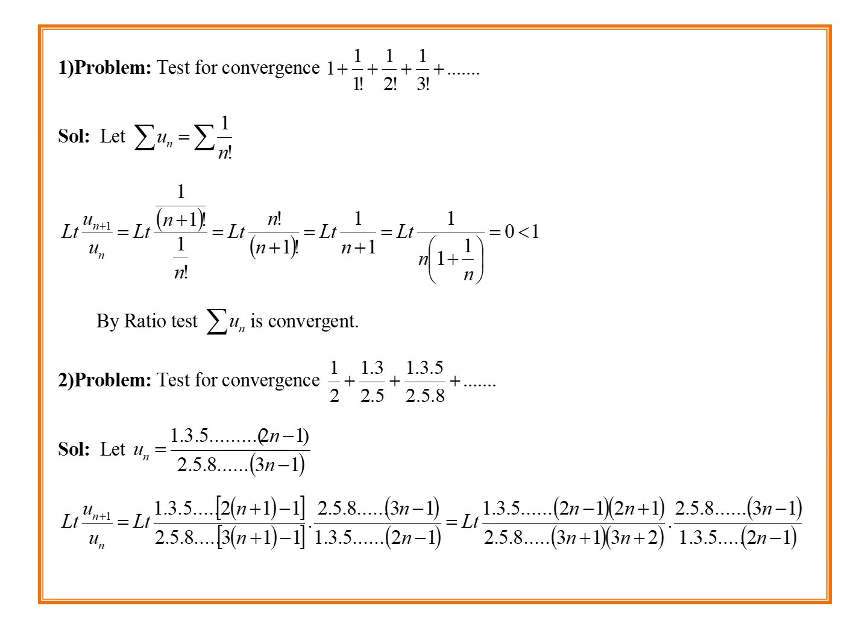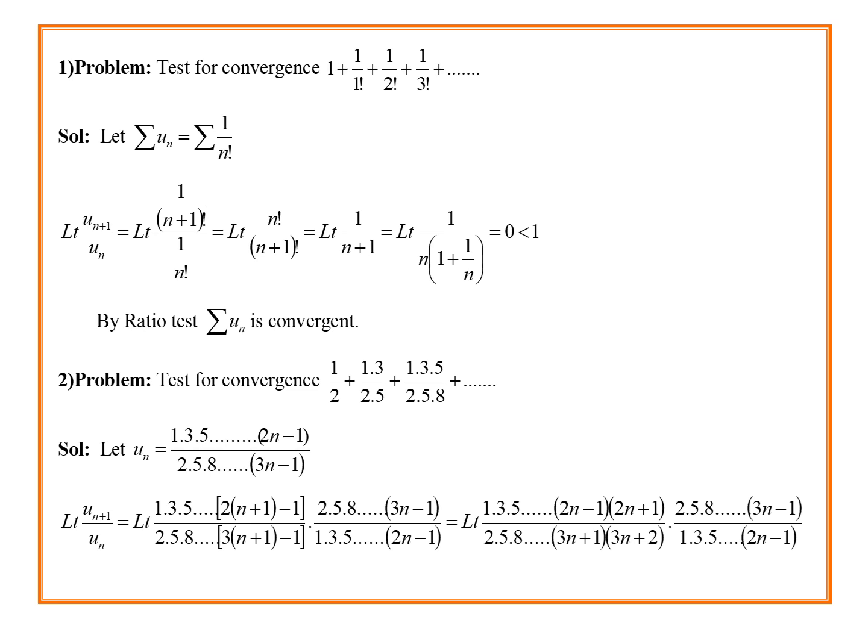And the second problem. Test for convergence 1 by 2 plus 1 into 3 by 2 into 5 plus 1 into 3 into 5 by 2 into 5 into 8 plus and so on. Here some of the conjugated terms are involved, so we can use the ratio test again. Now here un is equal to, what is that? 1 into 3 into 5 into and so on up to 2n minus 1, by 2 into 5 into 8 into and so on up to 3n minus 1.